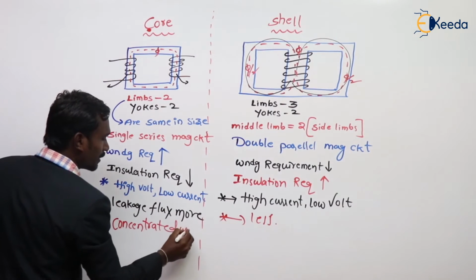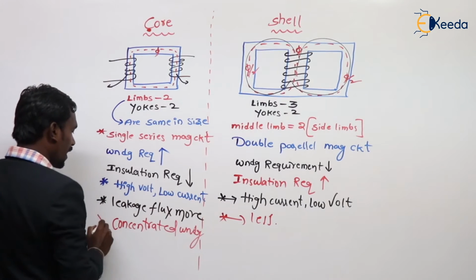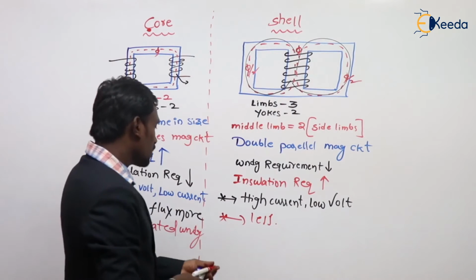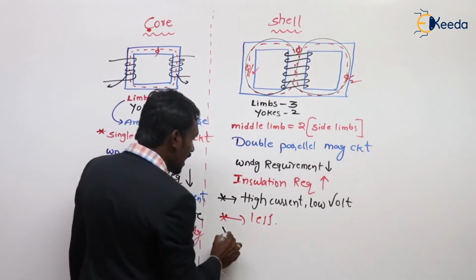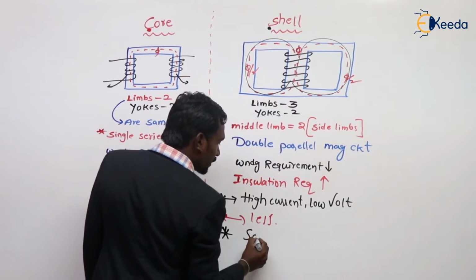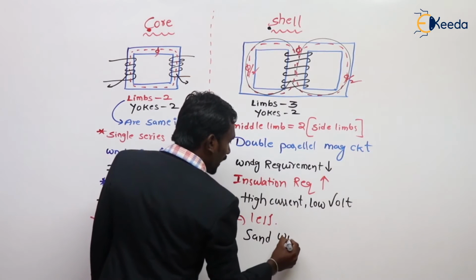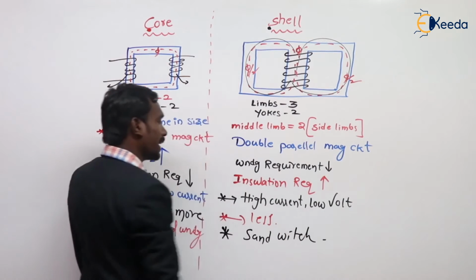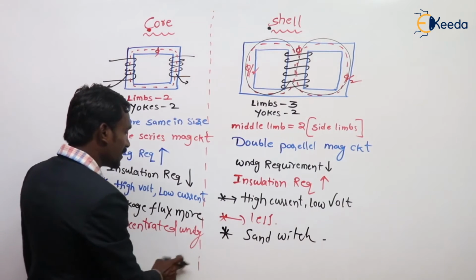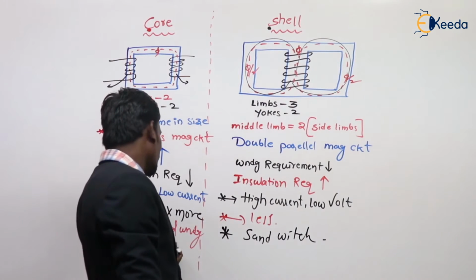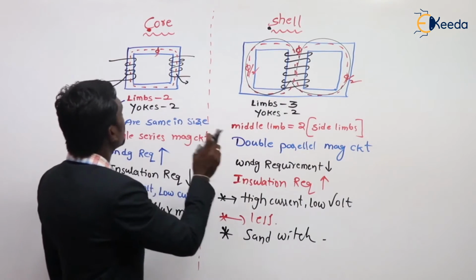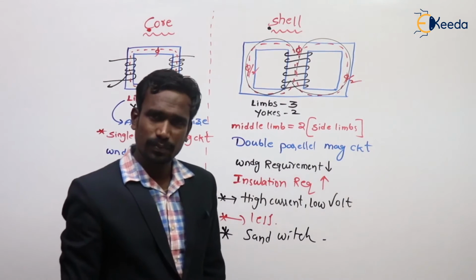But whereas in shell type, we are using sandwich winding. Concentrated winding, sandwich winding. This is simply the core type and shell type.